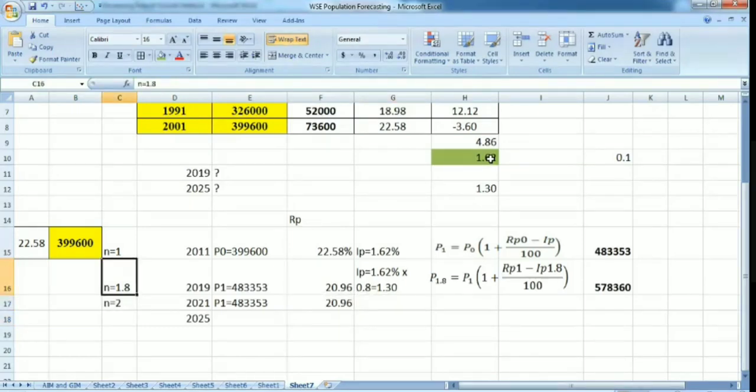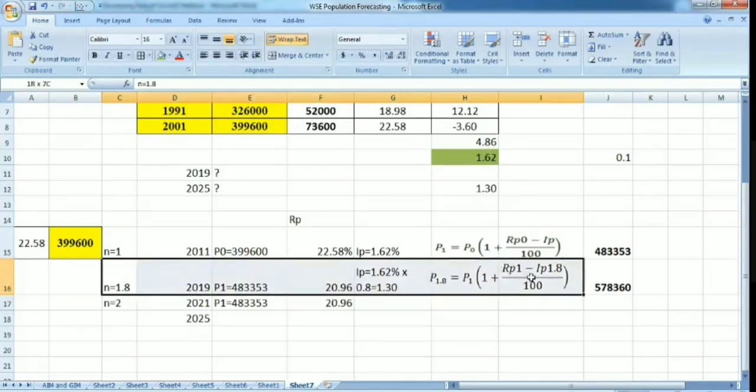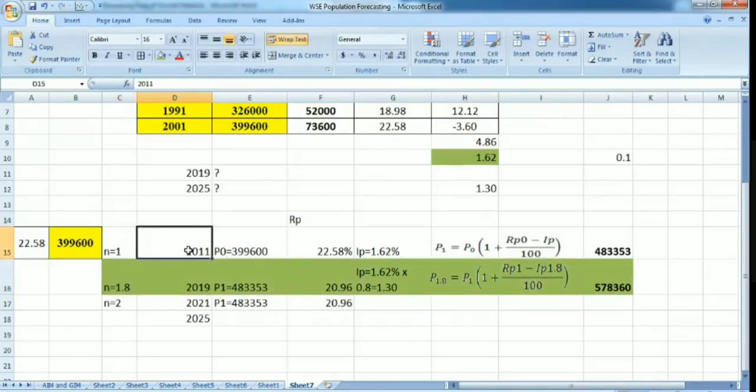For the previous one, this is not n equal to 2. You are giving the solution for the year 2019, so you cannot find the value of 2019 directly. What we have done is considered 2011, because 2019 is a year which comes between 2011 and 2021.